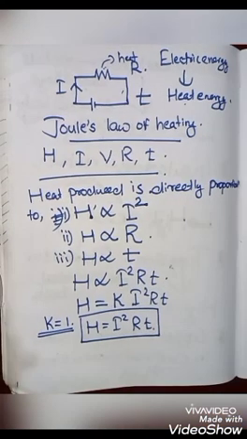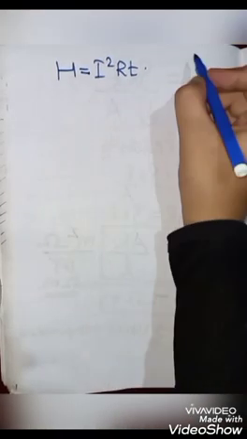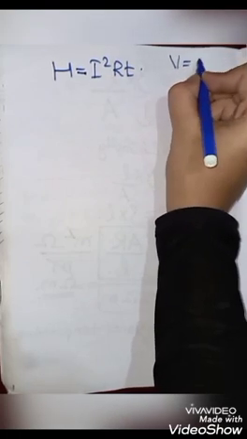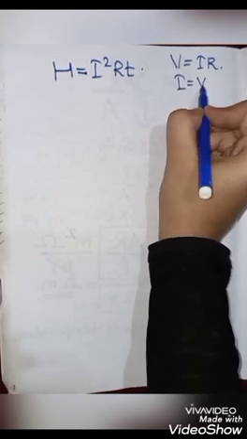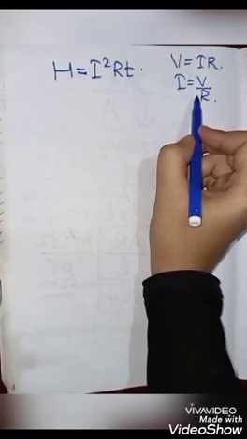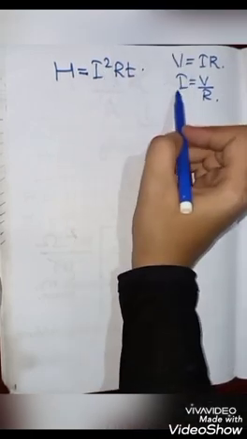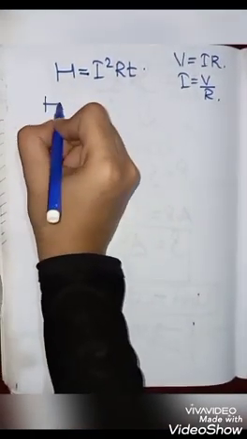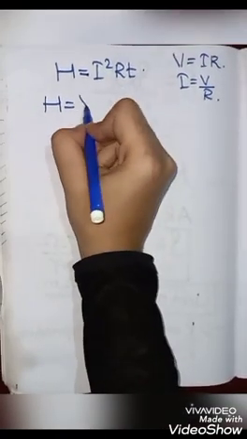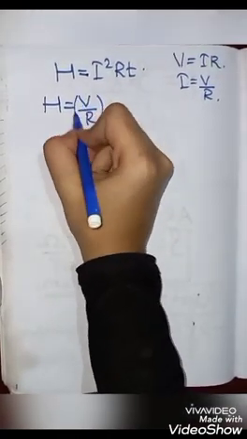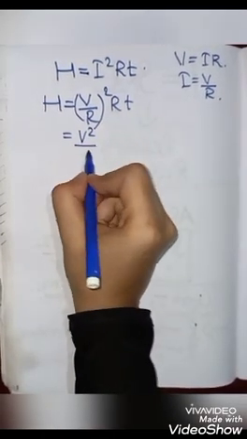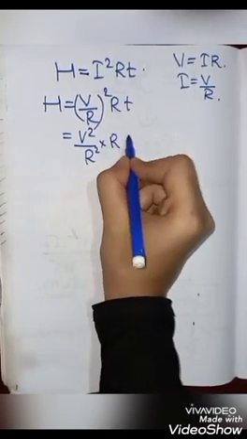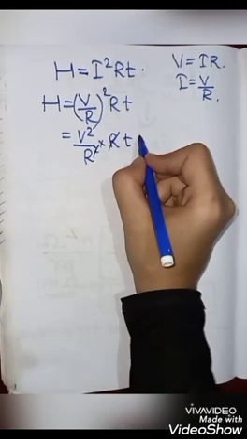This equation can be rewritten. According to Ohm's law, V is equal to I into R, that is, I is equal to V by R. We can substitute this I in this equation, that is H is equal to (V by R) whole square into R into T. It can be written as V square by R square into R into T. That is, R gets cancelled.